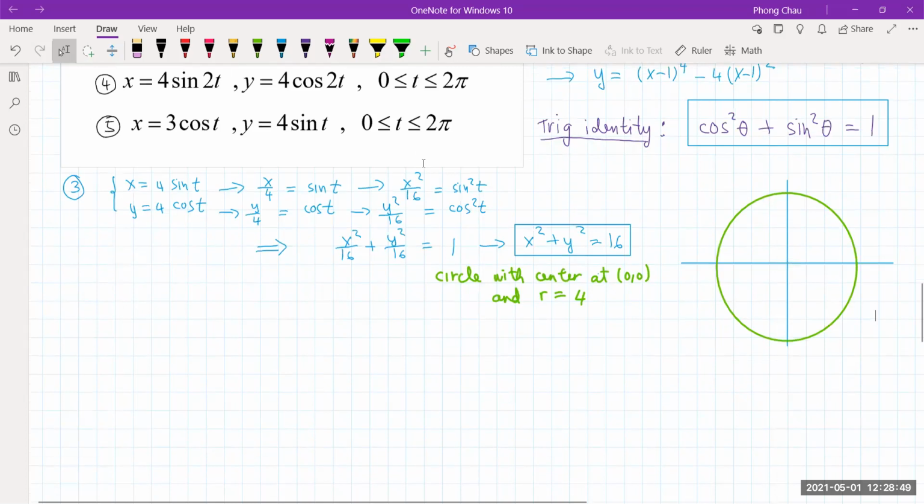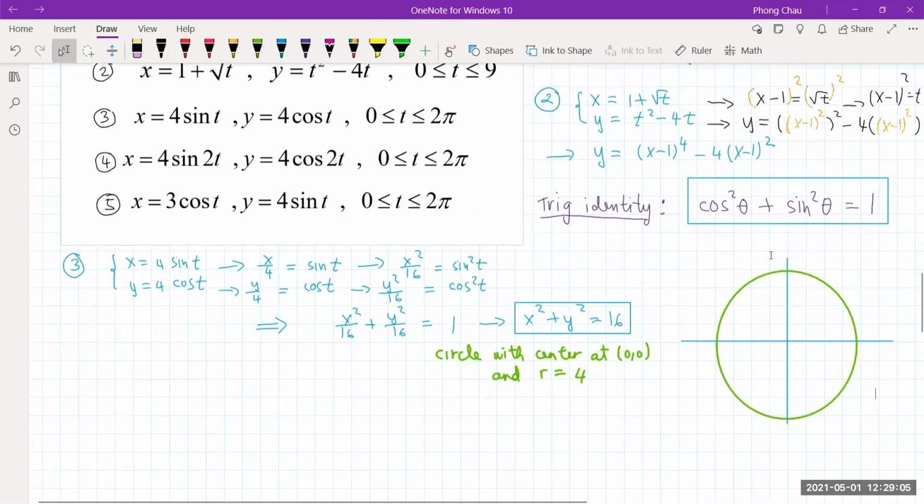So the parametric equation indeed has a direction involved. Supposedly when you draw a circle, where do I start, where do I stop, and which direction do we go? In order to do that, we have to determine the orientation and the locations of the starting and ending points. We have to go back to the basic, that is the table, right?